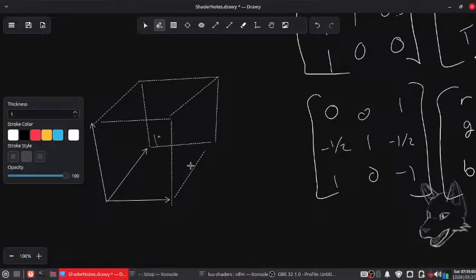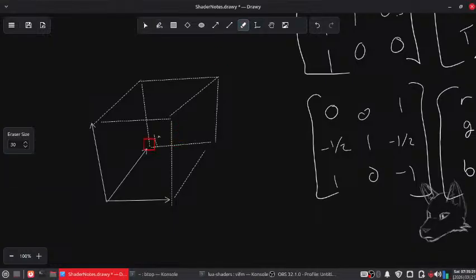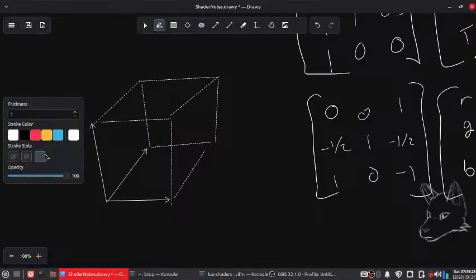I would expect 100% red to be... Oh yeah, it is 0 gradient. So red is 0 gradient.